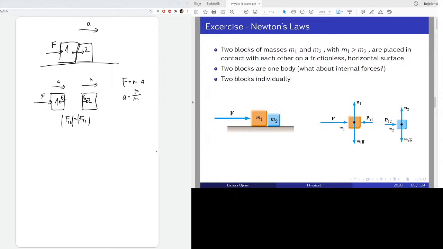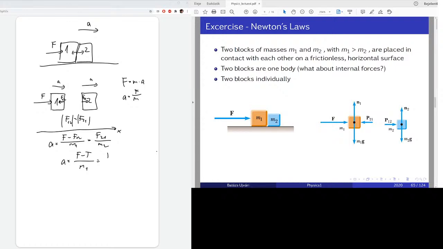So if the x-axis is this one, the acceleration will be F minus F12 divided by M1, and it has to be the same since they move together, as F21 divided by M2. Since this F21 is the same, we can say this is a force, let's say it's T, over M2.